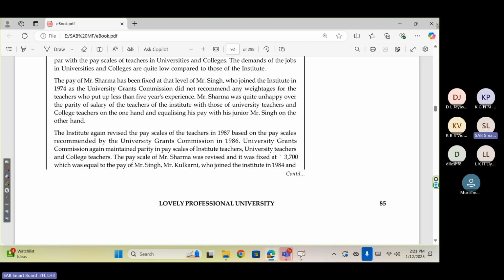The institute again revised the pay scales later, as recommended by the UGC, to maintain the parity of scales among these teachers. Then Sharma's salary was revised and fixed at this much. It is also equal to Shin and another newcomer, Kulkarni.